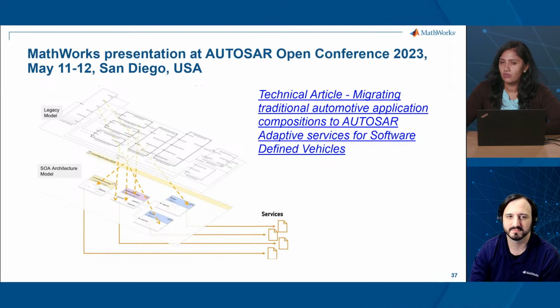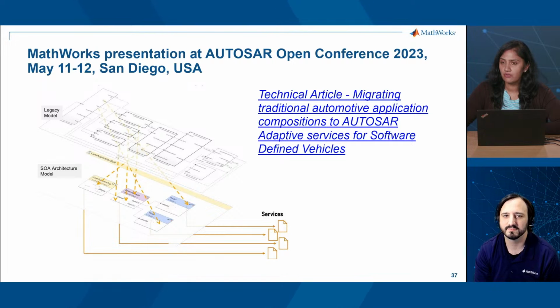For that, we wrote an article about how to migrate these traditional signals-oriented automotive applications, which could be compositions in nature, to generic service-oriented architecture applications, and also to AUTOSAR Adaptive services mainly used in software-defined vehicle applications.